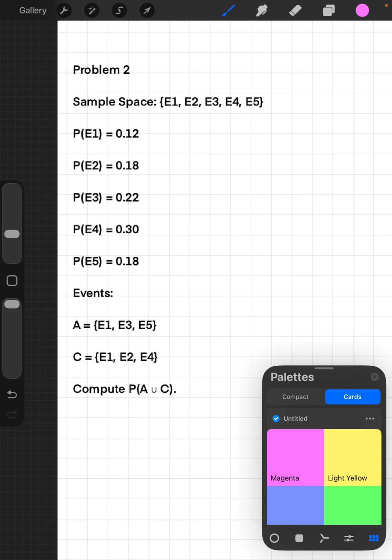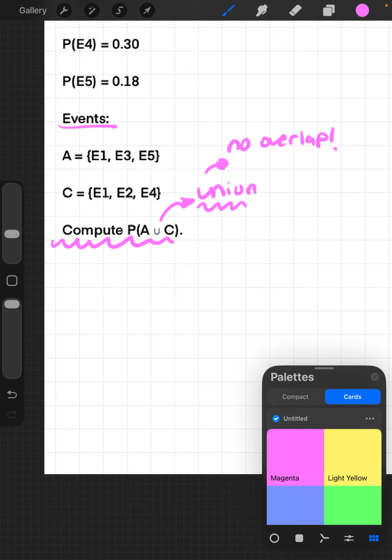The next one is a sample space event, and they want us to do a union. Woo! This means no overlap. It might sound a little confusing because it's union, but you get the hang of it after you do it. So I'm going to write this out again.